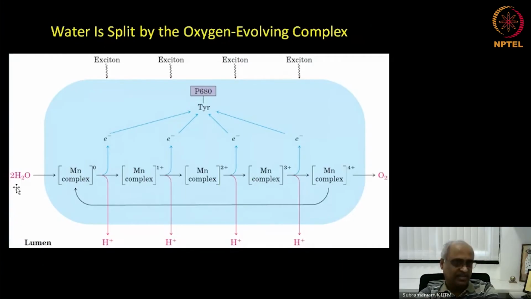And that situation is what is very ingeniously handled by the water splitting complex, taking the multiple stable oxidation states of manganese ion into good advantage. And the electrons from the manganese ion is transferred to tyrosine residues on this complex.